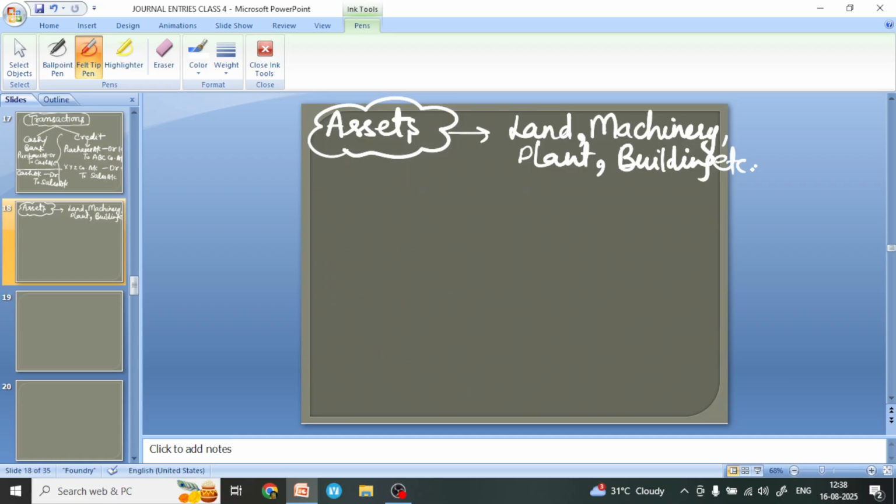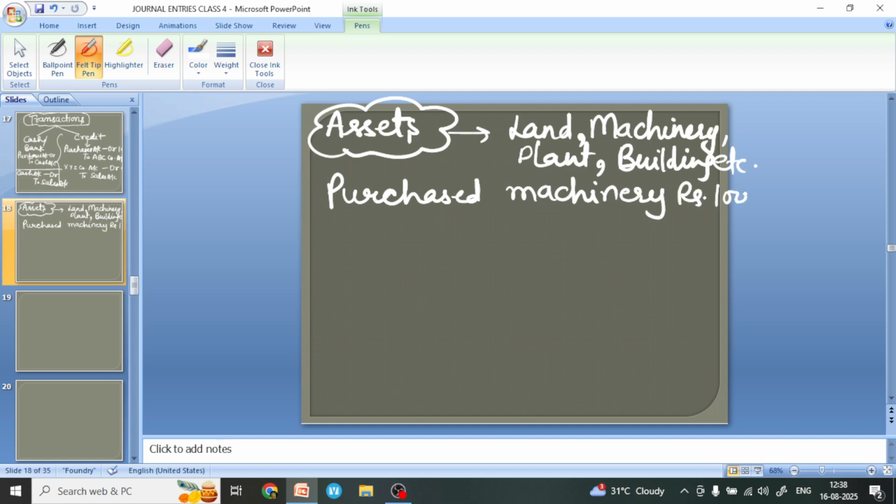Example, purchased machinery rupees 10,000. The entry will be machinery account debit. Why do we debit machinery account?